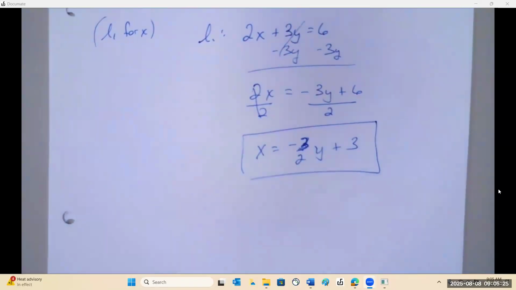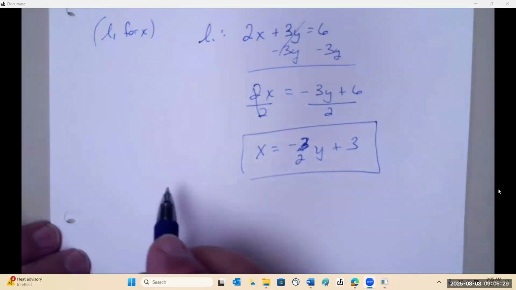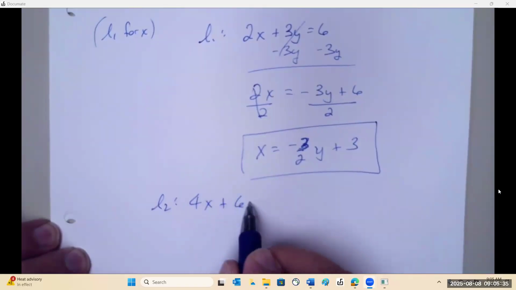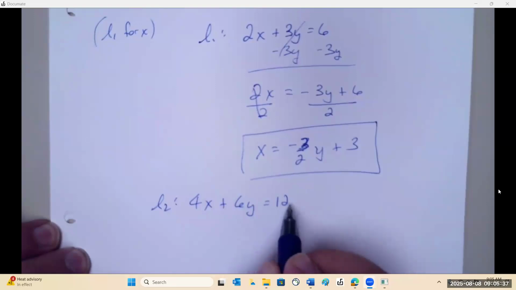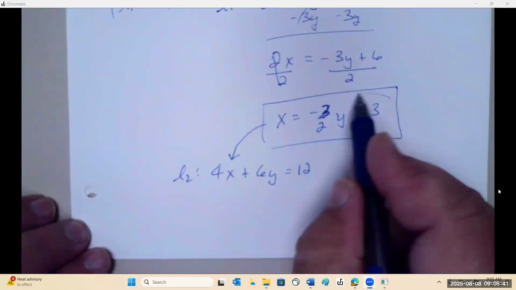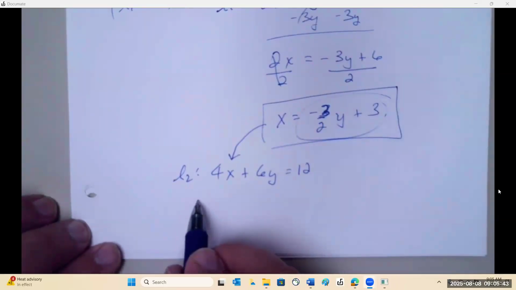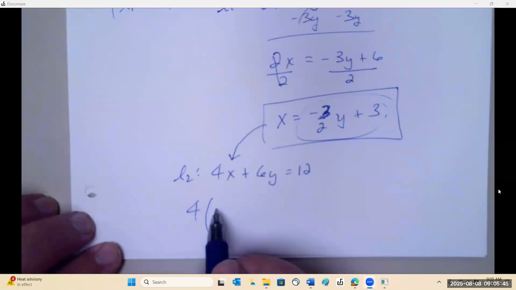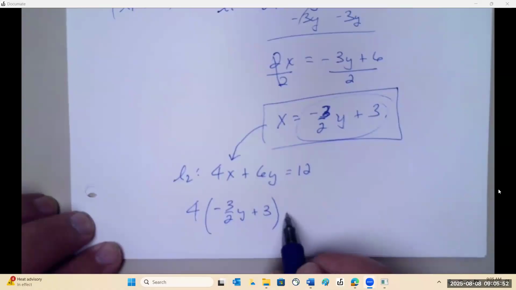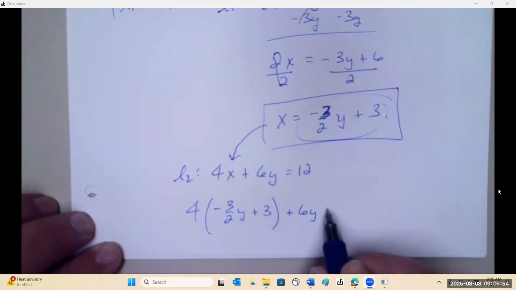That's the first one. So now I plug that into my second equation. Anywhere I see an x, I put this whole expression in. So it's 4 times negative 3 over 2 y plus 3, plus 6y equals 12.